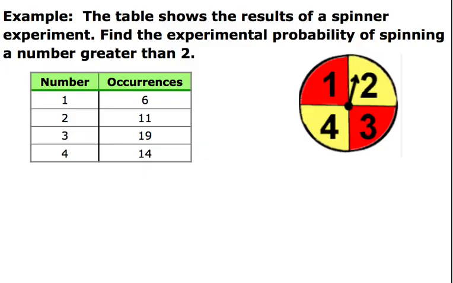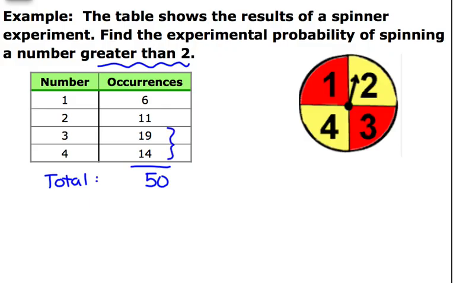Here's another example. Find the experimental probability of that same spinner, but now we want to find out what is the probability that you will get a number greater than 2. So we want to total up. Again, it's the same trial, and we had 50. Now I need to figure out how many of these are greater than 2. Well, we can't pick 2, so we have to pick 3 and 4.